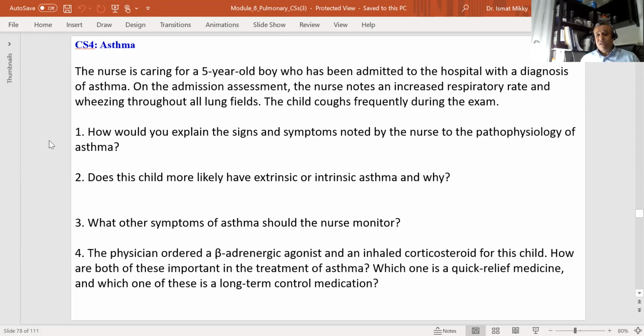The last question pertains to the medications, which is pertinent to the pharmacology course, but I will briefly go over the answer here. The quick control medication, which in pharmacology is called a rescue med, is always a bronchodilator, like albuterol.